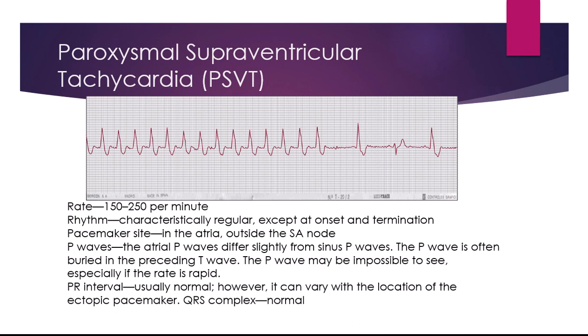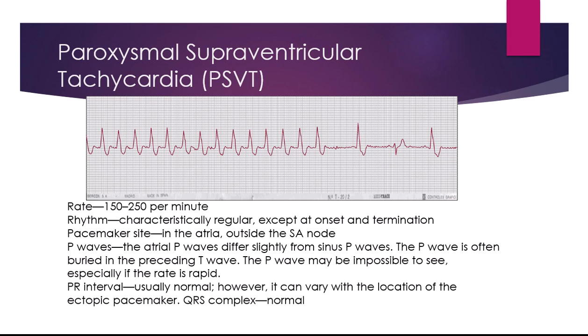So for example, with this one right here, that little notch might be a P wave. I'm not willing to go out on a limb and say that it is a P wave. But if we come over here, here's a P wave, okay? There's a P wave, there's a P wave. All of these P waves pretty much look close enough that we can say they're probably coming from the same impulse.